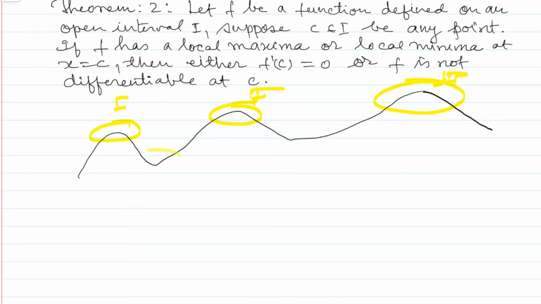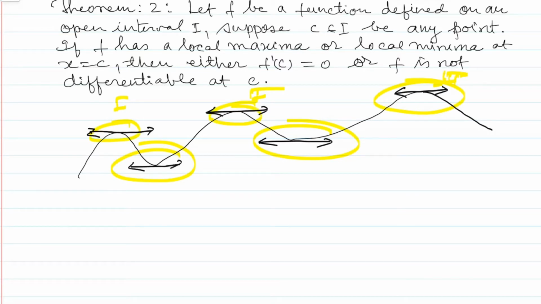This point and this point are the local minima. If you draw the tangent at these extreme points, that is local maxima or local minima, the tangent will be parallel to the x-axis. So at these extreme points, the first derivative will vanish. This will be equal to 0.